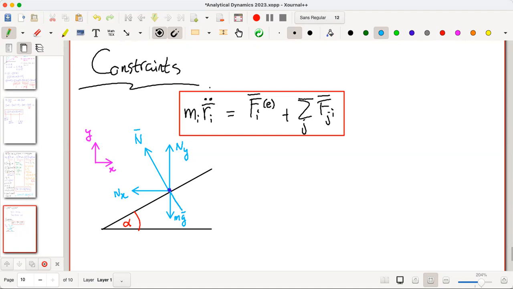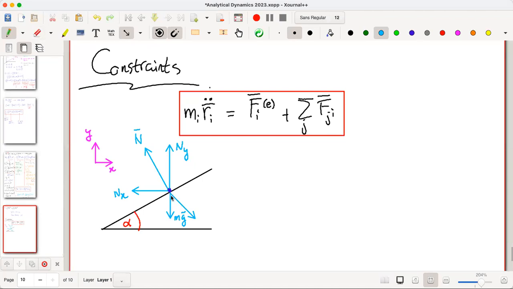The same thing for the mg. The mg can be decomposed into... Okay, let's just put it like here.